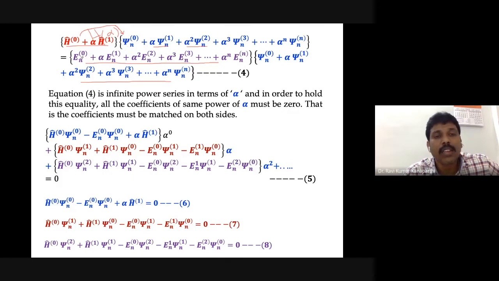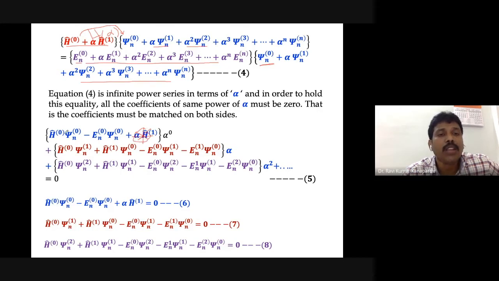On the right hand side, you have En0 multiplying with psi 0, and that doesn't have any alpha. Alpha to the power 0 means alpha is not there. Please ignore this term. Actually, I should have deleted this. I made a mistake. This term is not there.